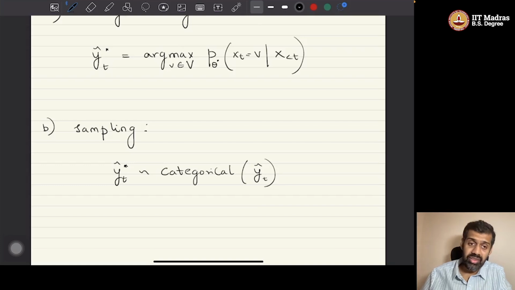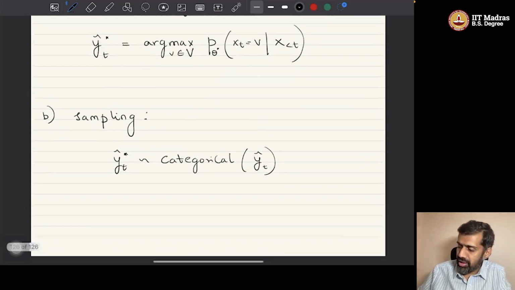Now the advantage here is that this is more diverse compared to greedy decoding, because every time you are getting different outputs because you are actually sampling. But the disadvantage is that by doing sampling, there need not be coherence in what sort of output one might observe, unlike in greedy decoding.